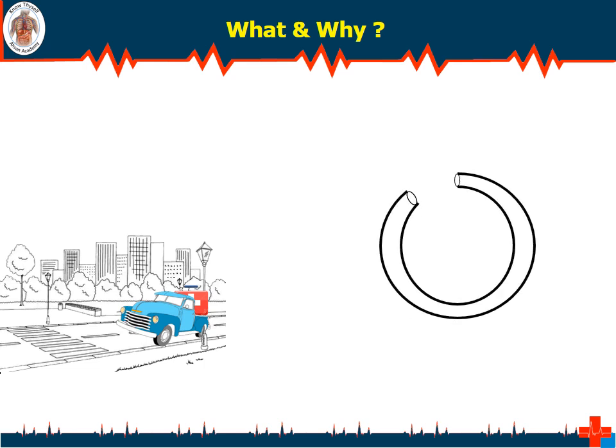Suppose this is a tube. So if fluid wants to circulate, then it needs a pathway that should be tubular. And suppose this drop is interested to circulate from one end to the other, so we need one fluid media. Suppose this yellow stain is the fluid media.